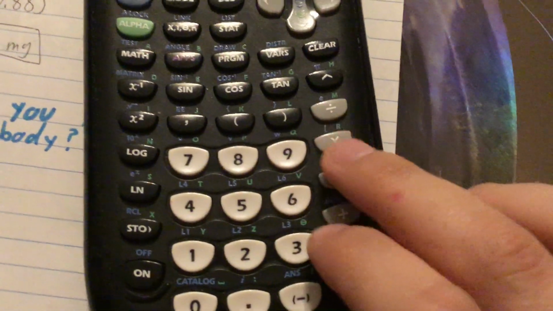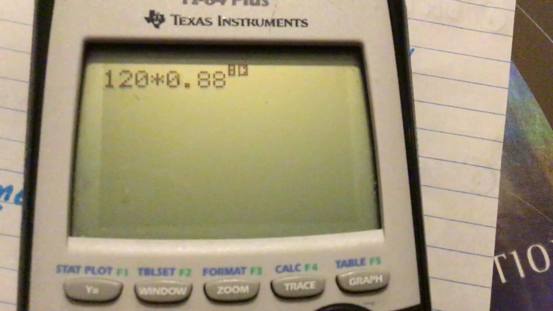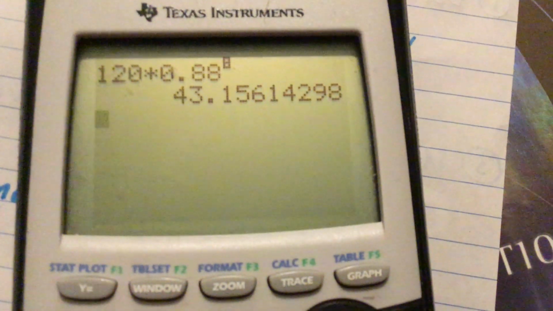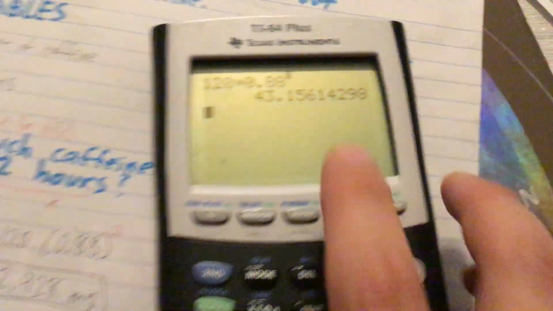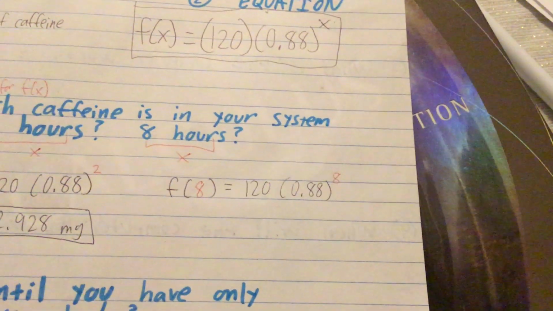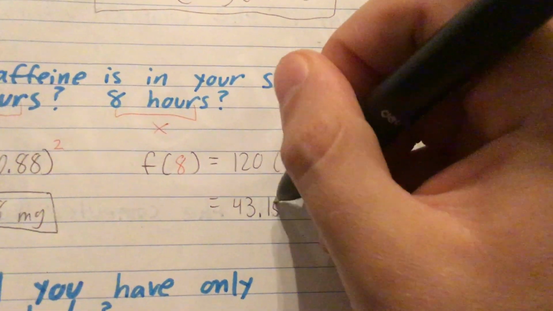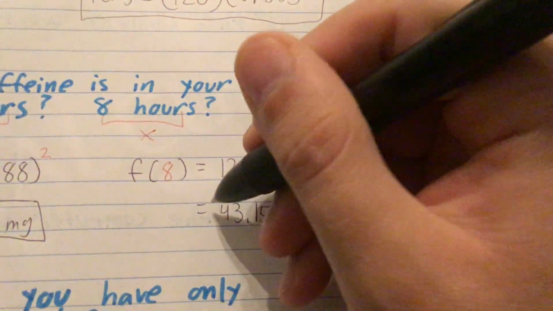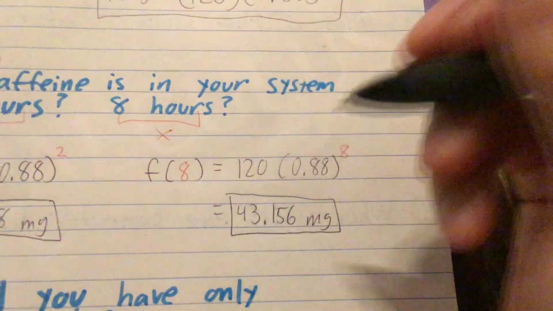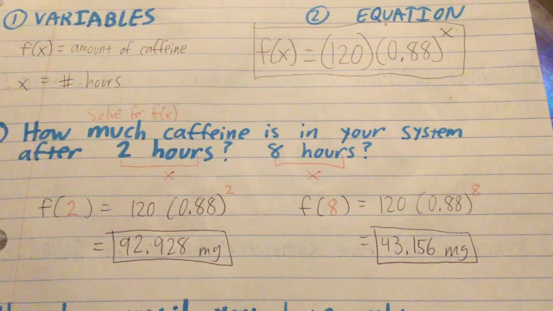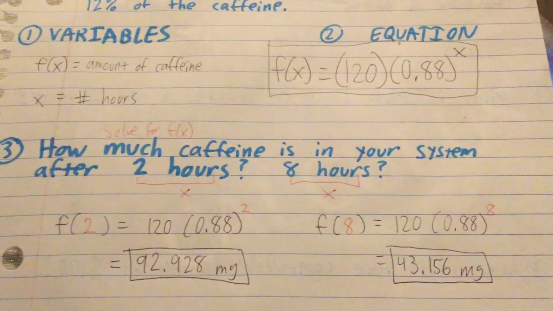So you would do 120 times 0.88 to the 8th power, and exponentially decaying, that would be only 43.156 milligrams. So after an 8-hour workday, there are still 43.156 milligrams of caffeine left in my system.